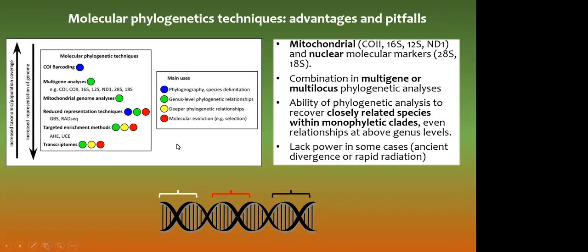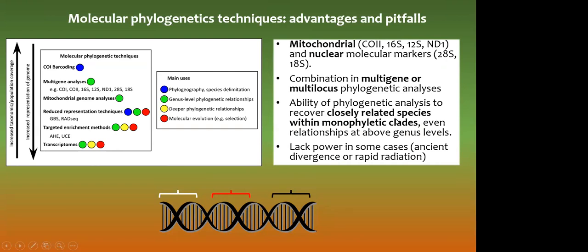Another method, a bit further down in the scale, is the multi-gene or multi-locus phylogenetic analysis, which consists of sequencing several individual mitochondrial or nuclear molecular markers. This phylogenetic analysis allows us to recover closely related species within monophyletic clades.